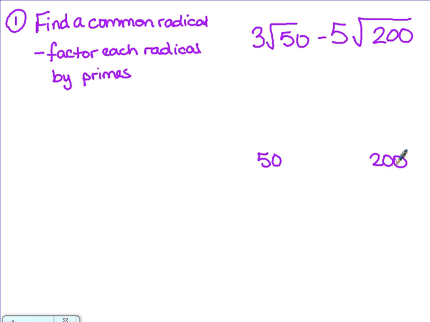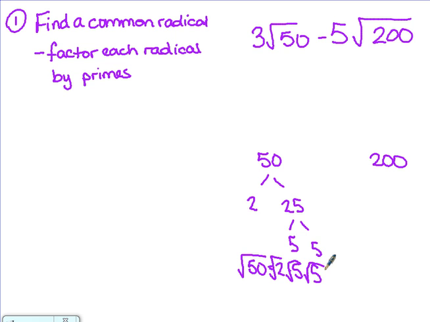You can do factor trees, that's fine. If we break 50 down, we have 2 and 25. And 25 breaks down to 5 and 5. We're left with prime numbers. So 50 is 2 times 5 times 5. Now keep in mind, this is all square root. So the square root of 2 times the square root of 5 times the square root of 5.